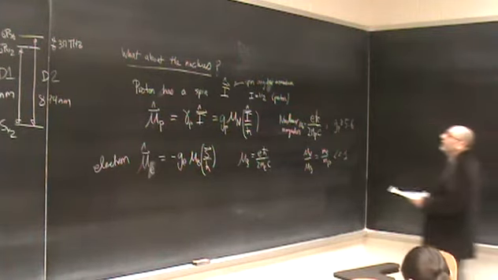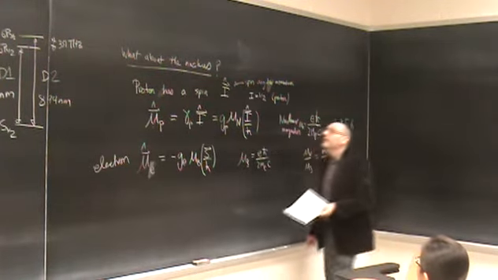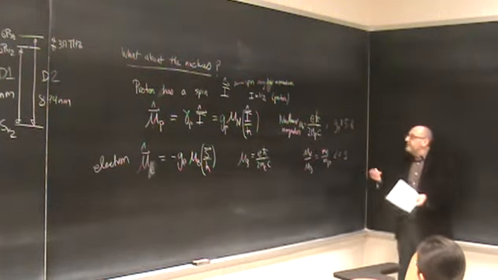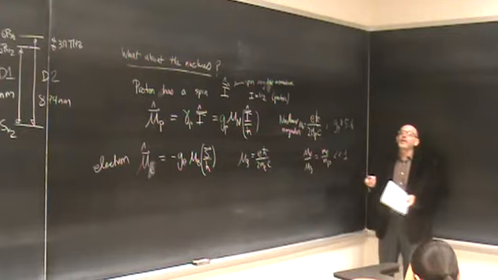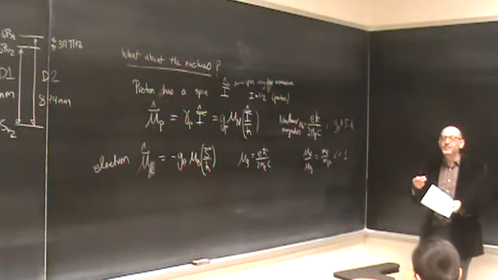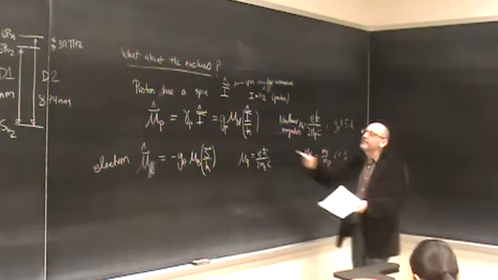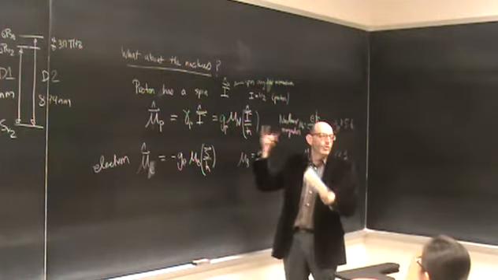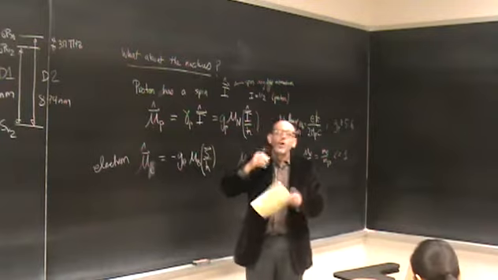So the effects that arise from the proton spin are also relativistic, but they're down by this factor squared. So they don't give rise to fine structure. They give rise to hyperfine structure. It's hyperfine.